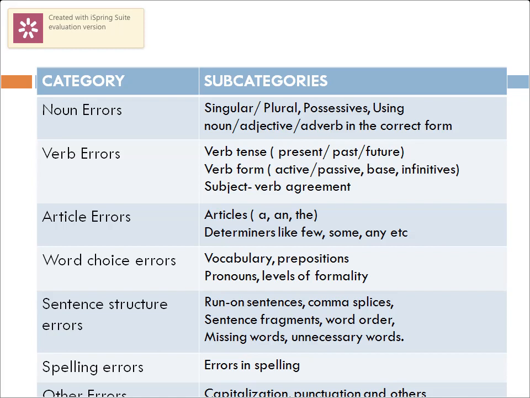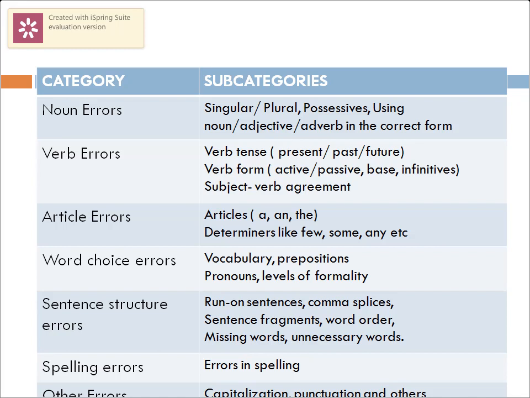There can be errors related to the spellings, or other errors like capitalization, punctuation, etc. In this video, we will only be looking at the different types of noun errors, verb errors, article errors, and the word choice errors. We will not be looking at the sentence structure or the spelling errors in this video.